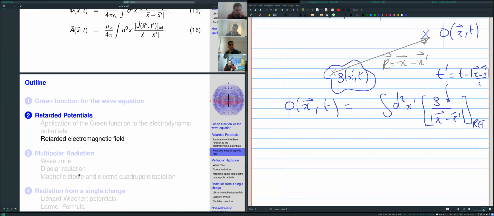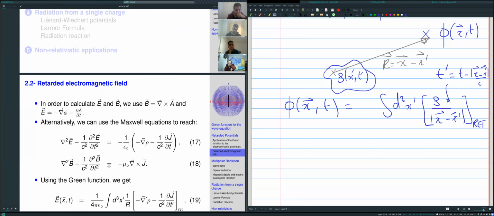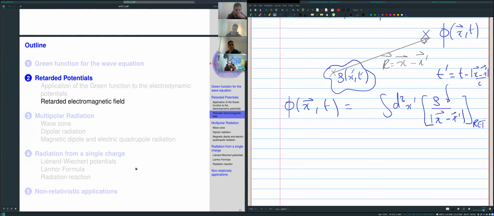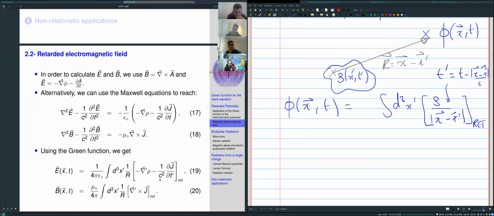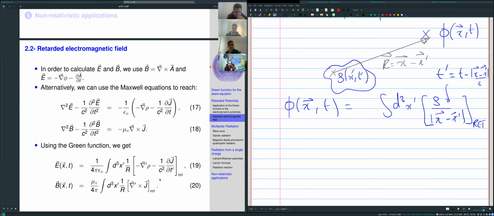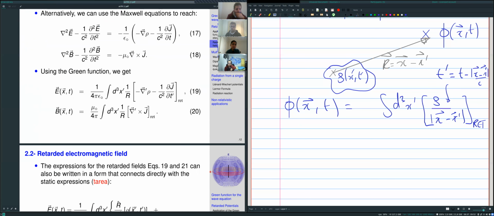Okay, and we can calculate the associated electric and magnetic fields using the standard formula, or we can use those source functions. So Felipe, these are the source functions for the electric and magnetic field. Okay, you can use either the Green function or these formulas, you get the same result. Okay, so it works.